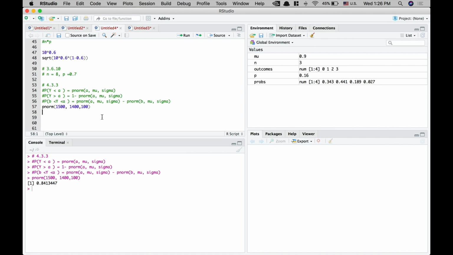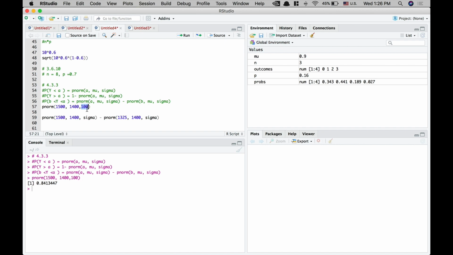Next up, if you want to calculate the probability between 1,325 and 1,500, this is what you want to do. We can just go ahead and copy this line directly. We replace a with the bigger one, which is 1,500, and b is the smaller one, which is 1,325, and the mean is still the same.